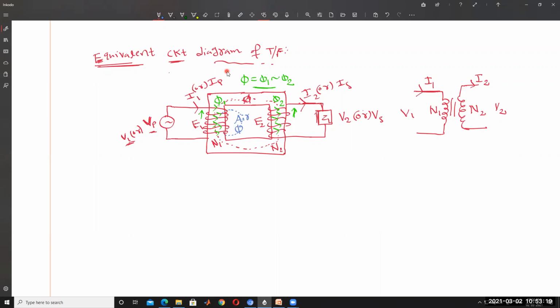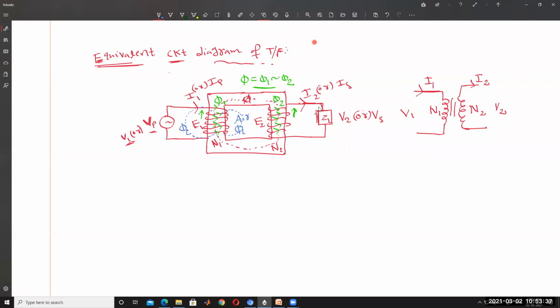That's why this is called leakage flux. It is not linking the primary to the secondary side of the transformer. Phi L is called leakage flux.